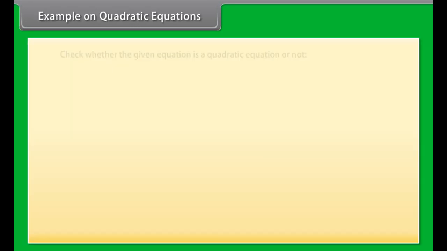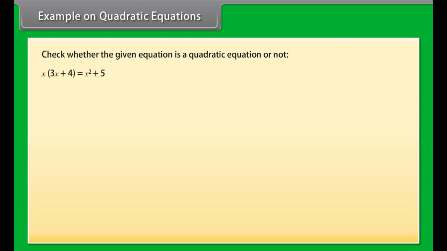Example on quadratic equations. We will now check whether the given equation is a quadratic equation or not. Solution. Here LHS is equal to x into 3x plus 4, which is 3x square plus 4x.